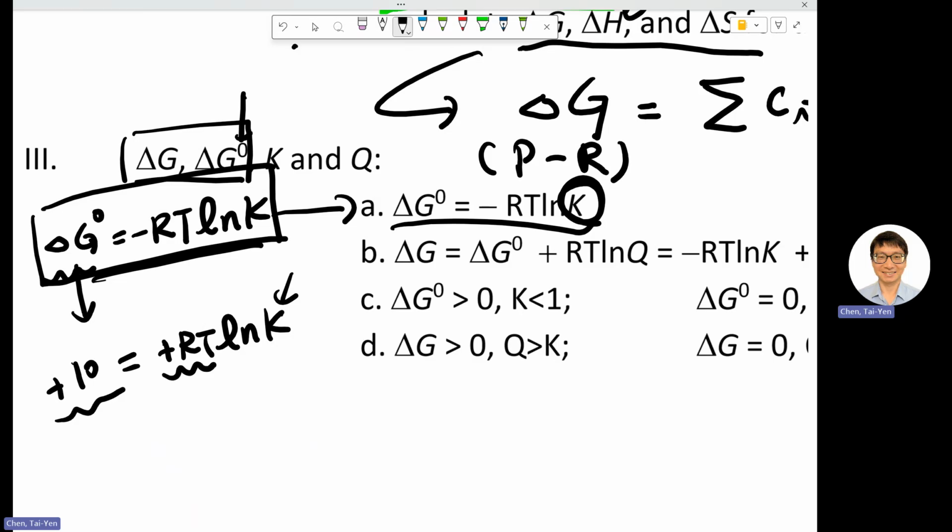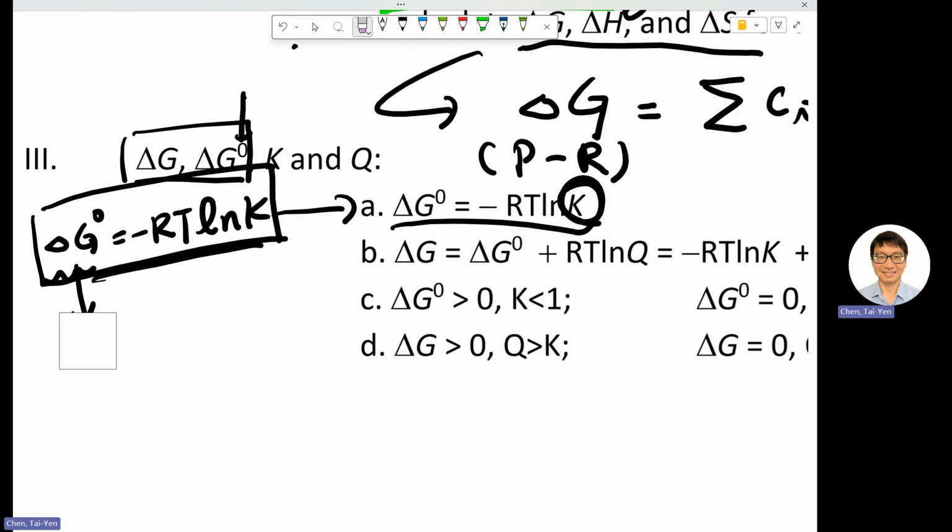It gives you a lot of energy after you complete your reaction, then your equilibrium constant K will be big. So that's quite implied from this simple equation. So here it defines that your delta G naught is associated with your equilibrium constant K, and that's a very well-defined state.